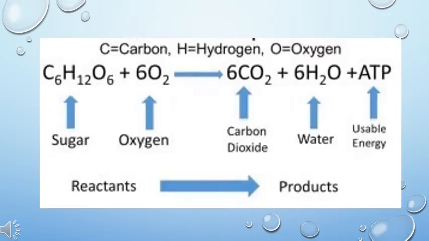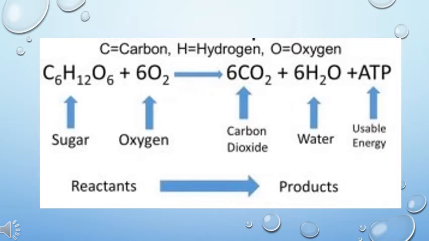Right here, we have the equation of cellular respiration. This is what happens when oxygen combines with glucose at the cellular level. When oxygen combines with glucose at the cellular level, energy is released.